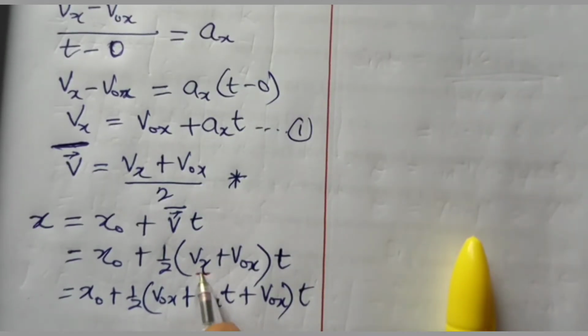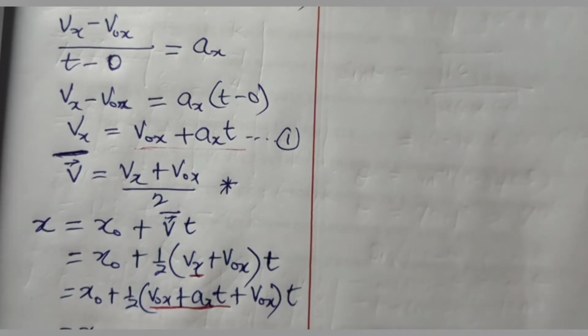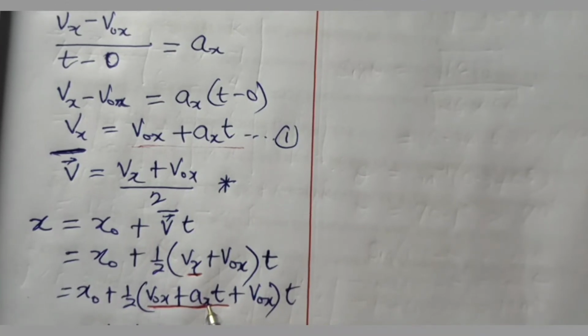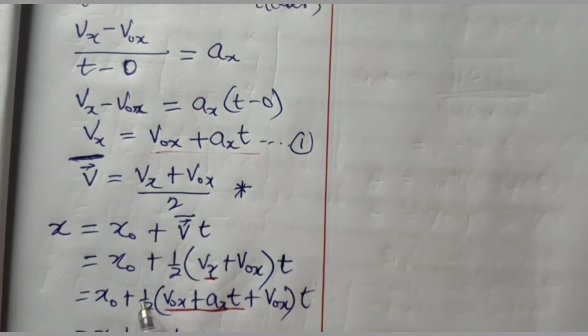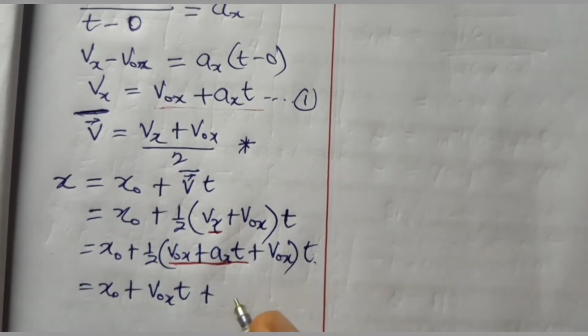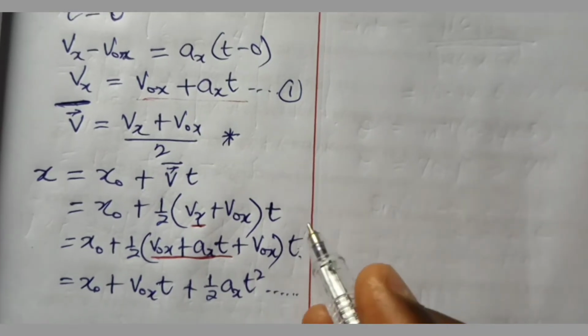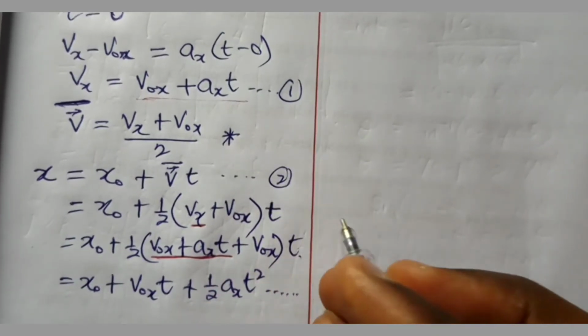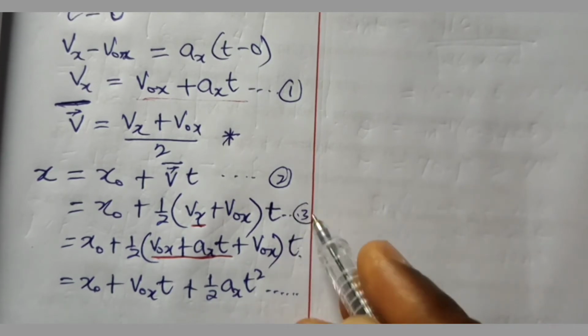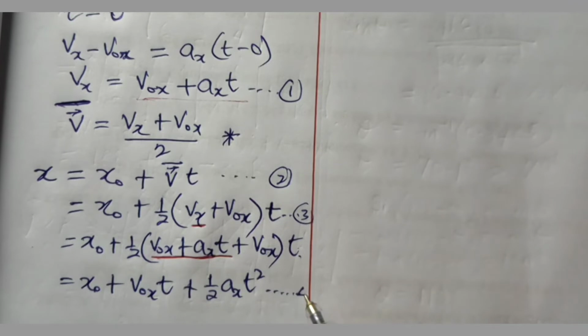This is equal to x0 plus, since 2 v0x over 2 is v0x, v0x t, plus half ax t squared. Let's call this equation 2, this equation 3 if you like, and this equation 4.